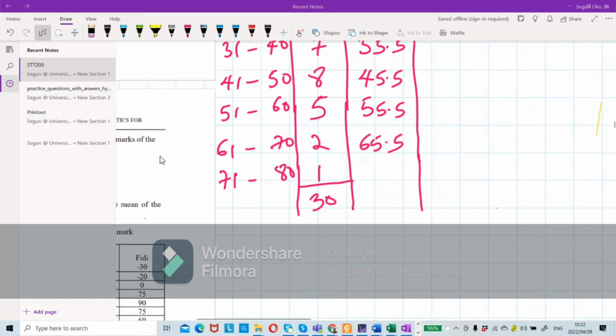Any question? No, sir. Please lower your hand. So I don't understand. 75.5. Which one you don't understand, Clement?